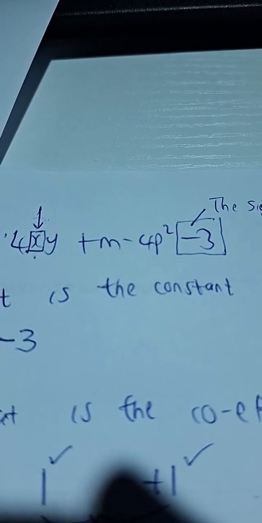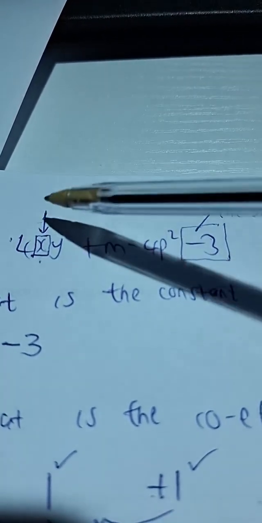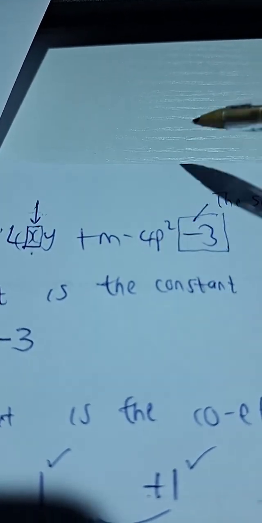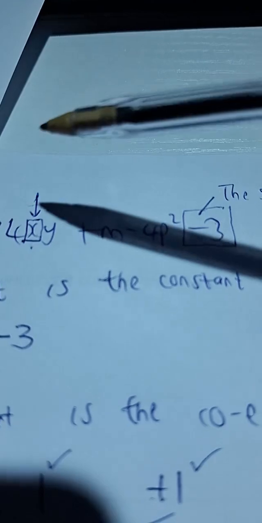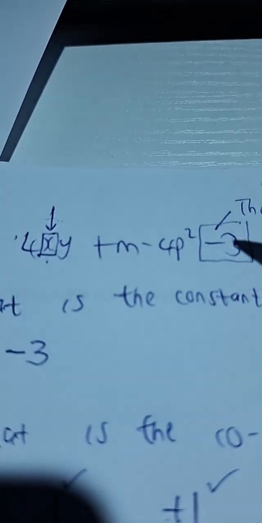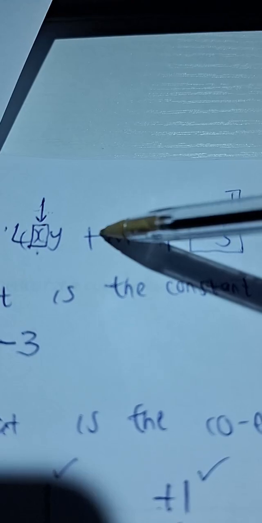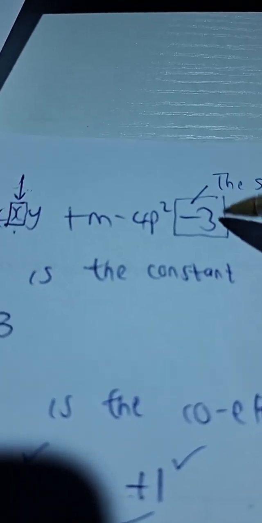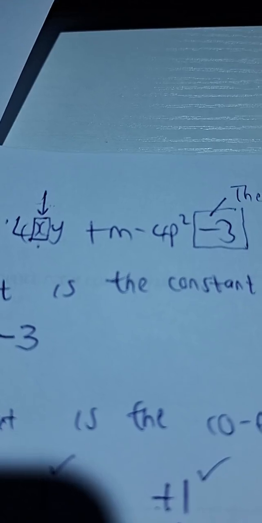Yeah, how many terms are in the expression? We know that it's plus and minus that separates terms. So I'm sure you guys can see. Yes, it's a quadrinomial, definitely. So it's 1, there's a plus sign, 2, there's a minus sign, 3, there's a minus sign, 4. So in total there are 4 terms in the expression.